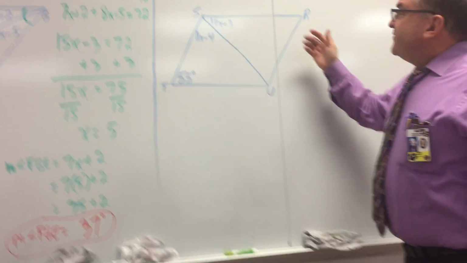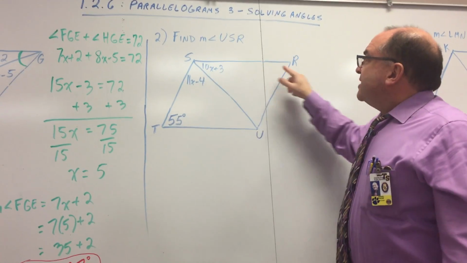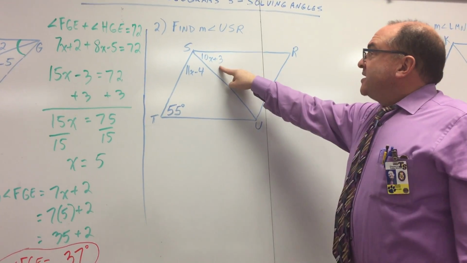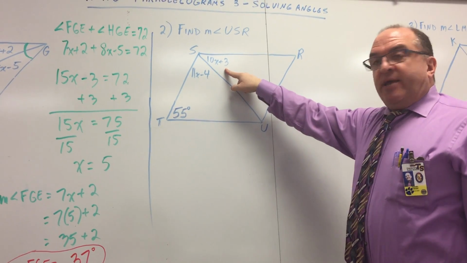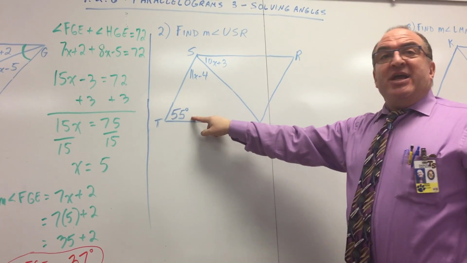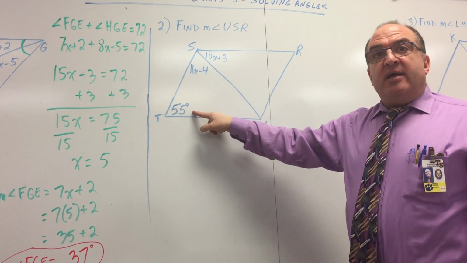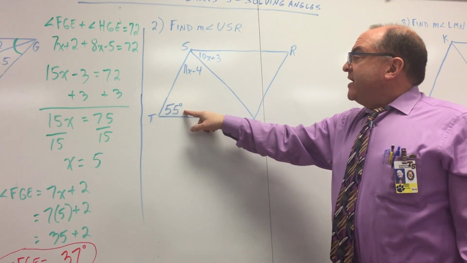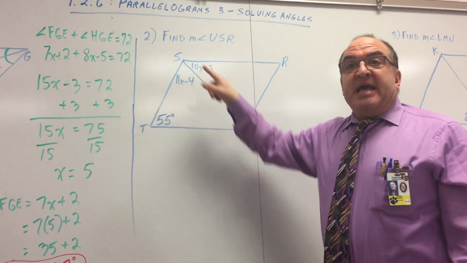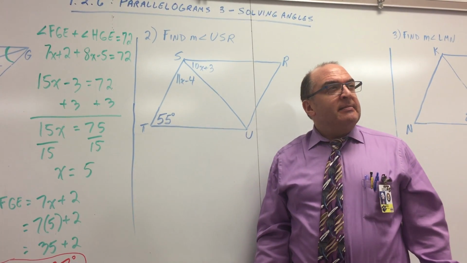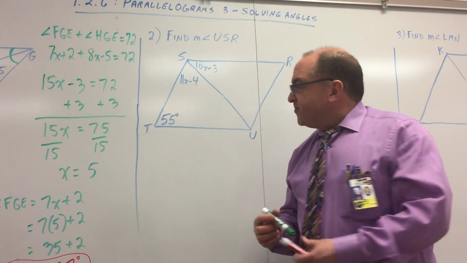Let's look at this one. Find measure angle USR. USR is 10x plus 3. Angle T is 55. Okay. What can I say about angle T plus angle S? 180.